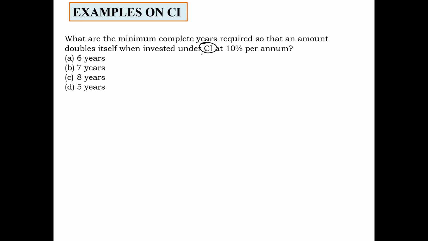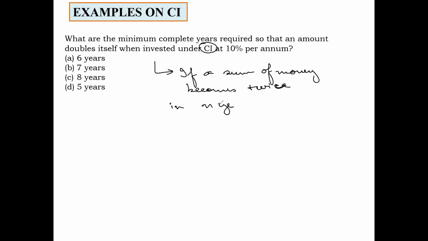Never has been asked in CAT as such, but just so that we are aware, in case of compound interest, if a sum becomes twice in n years at r% rate, then we can say that r into n will approximately be equal to 72. This is called the rule of 72. It is an empirical formula, not an exact value, but approximately it will work.